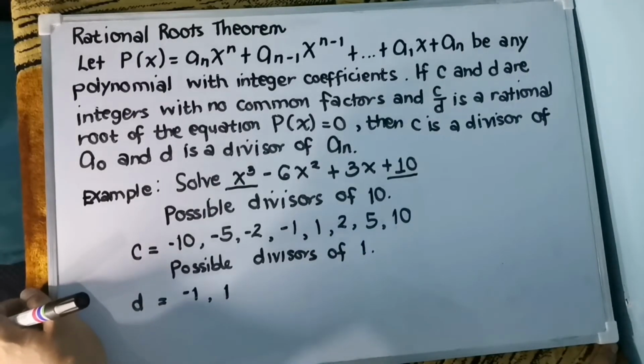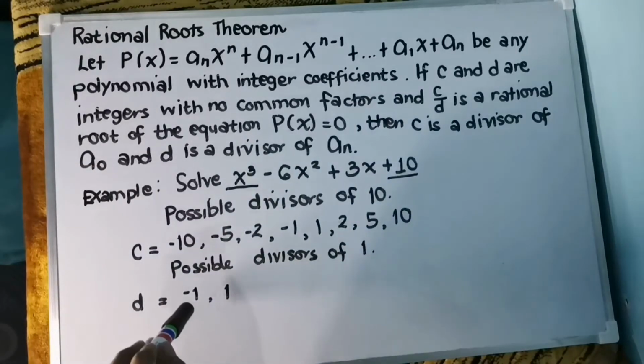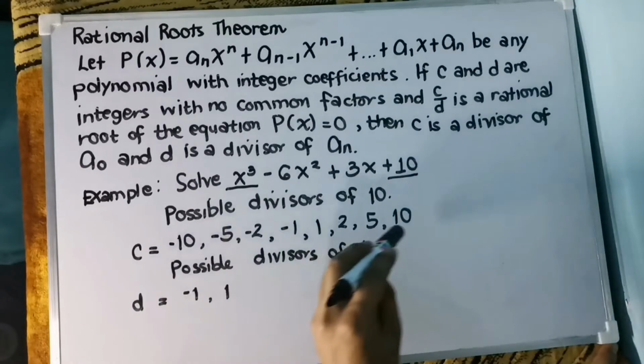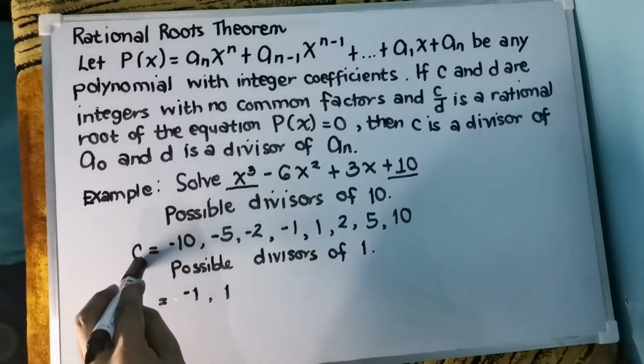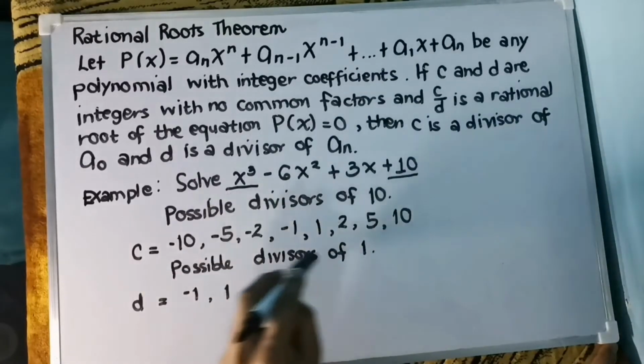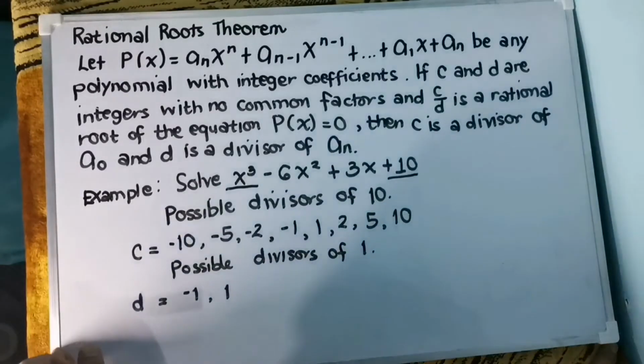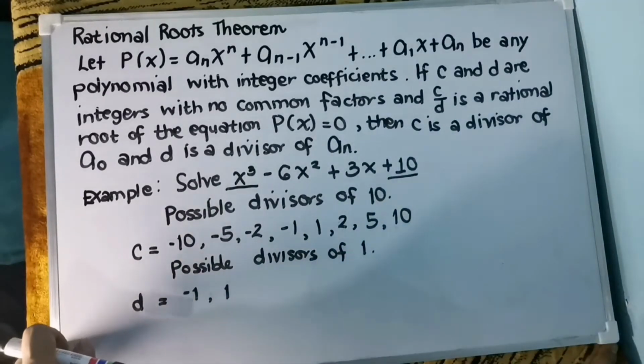So wala tayong magiging problema since kapag dinivide natin yung C over D, ito din yung makukuha nating answer. Ito yung mga possible zeros ng ating given na polynomial equation na isa-solve.